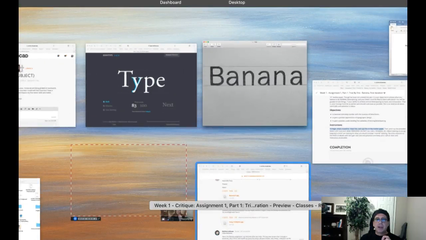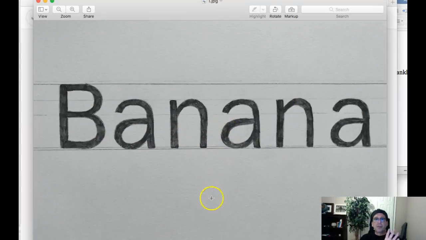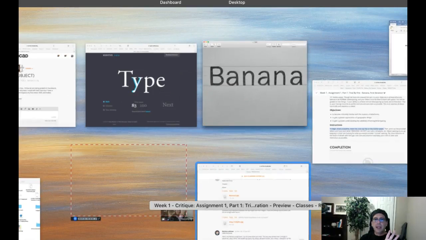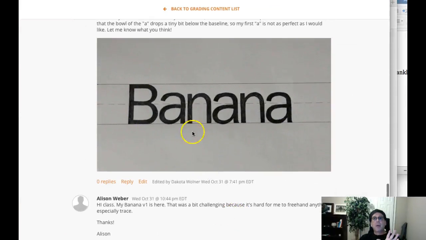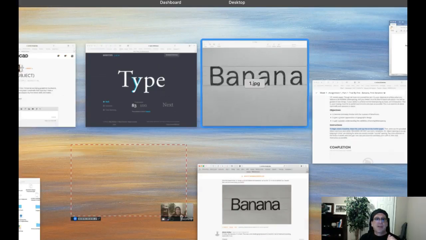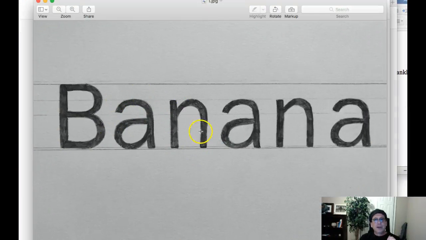Let me give you an example here. Your kerning right now is pretty loose, which is okay. Let me look at some tighter kerning as an example. Note how we can look at this word right here. We see it, and the eye immediately goes, banana. It just registers. We don't even have to think about it. Then we come to the same word, but it's more loosely kerned. In other words, there are wider spaces between the letters. The brain no longer sees this as a banana, but now we start to go B-A-N-A-N-A.